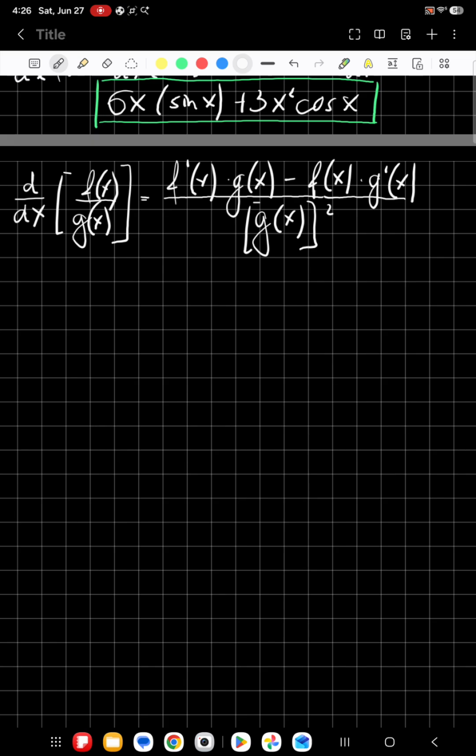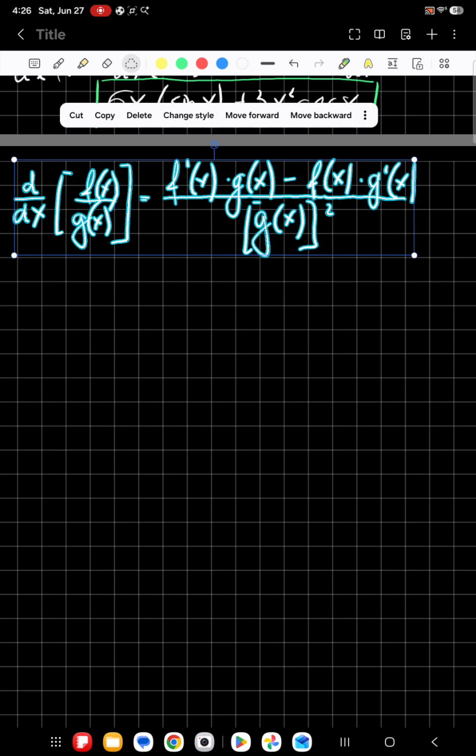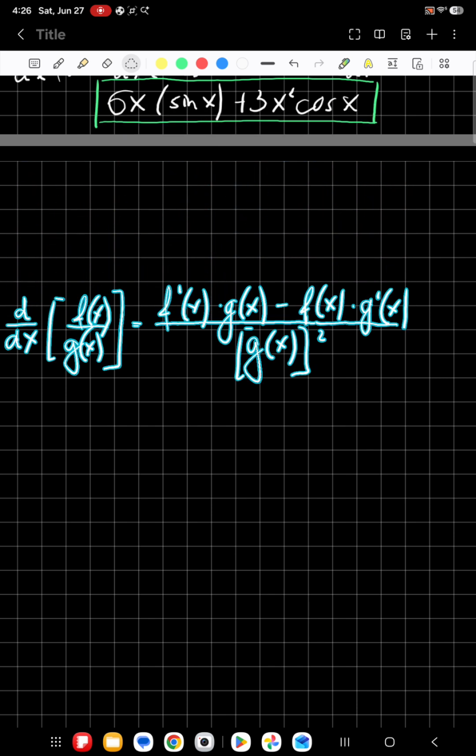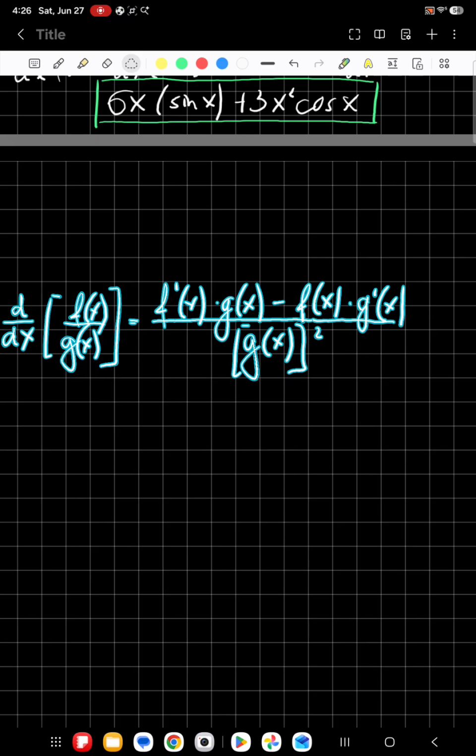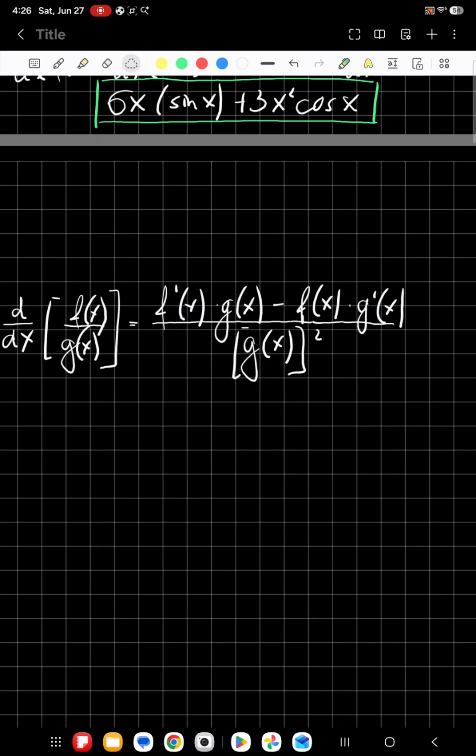Let me do this, hold on. Okay, so now let's write the quotient rule here. Quotient rule.